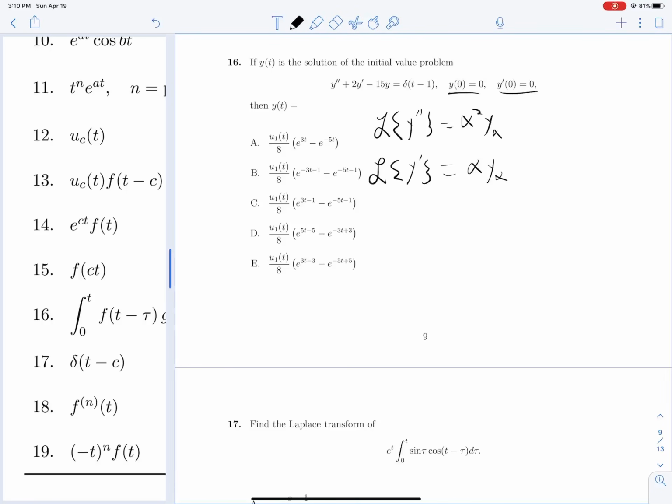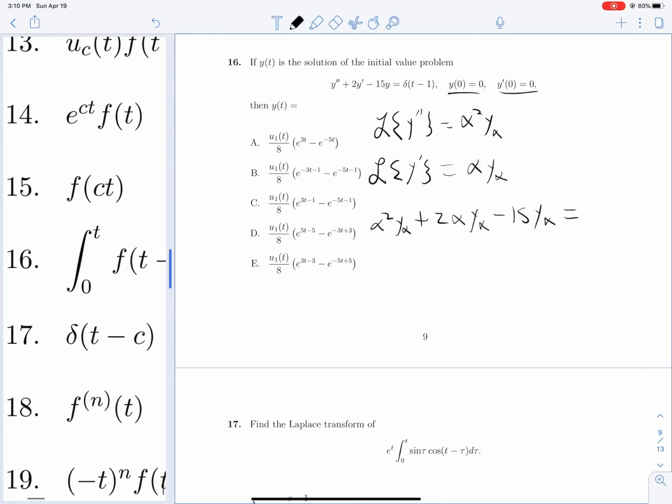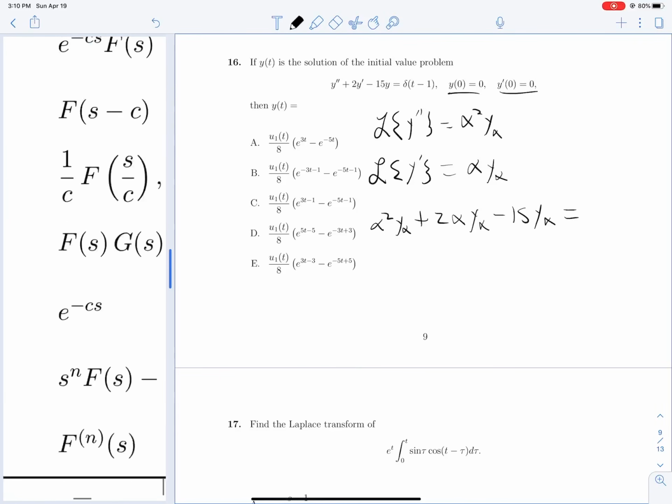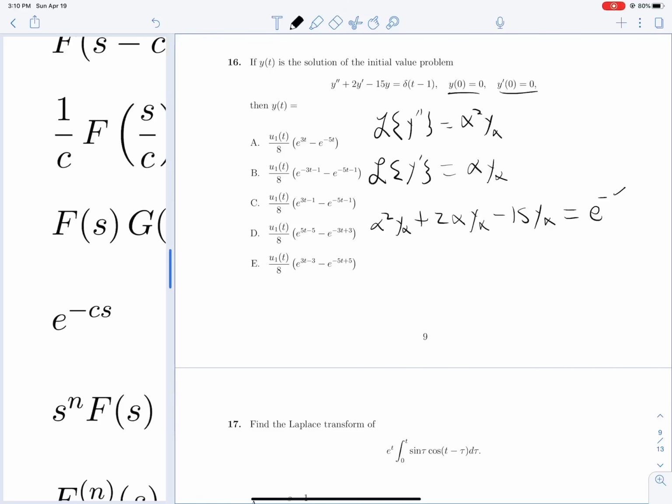So taking the Laplace transform of both sides of our equation, we will get alpha squared y alpha plus 2 alpha y alpha minus 15 y alpha, and we can set that equal to, let's see, the Laplace transform of delta at t minus 1, which is e to the negative 1 alpha.